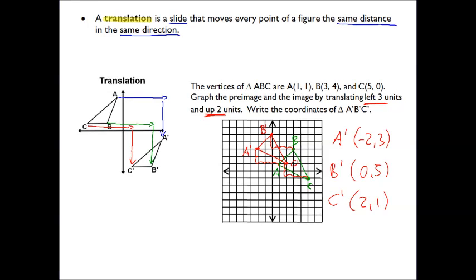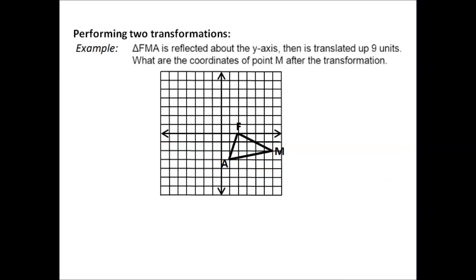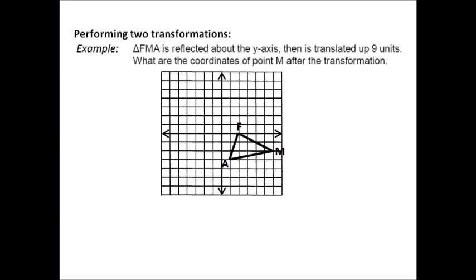Of course, we can also combine 2 different types of transformations. In this example, triangle FMA is reflected about the y-axis first, and then it is translated up 9 units. What are the coordinates of point M prime after the transformation? So the y-axis is our line of reflection, or remember, we also called it a mirror.